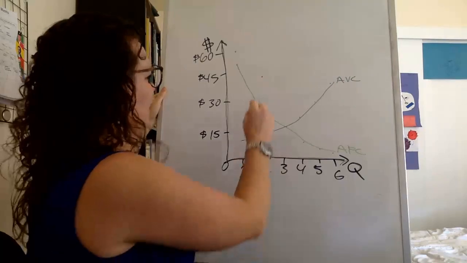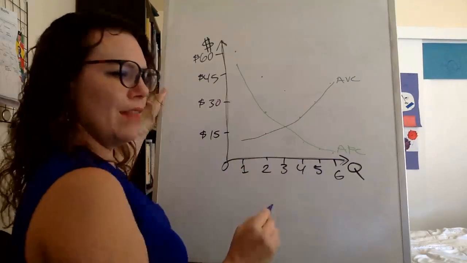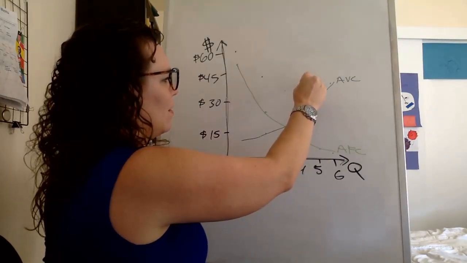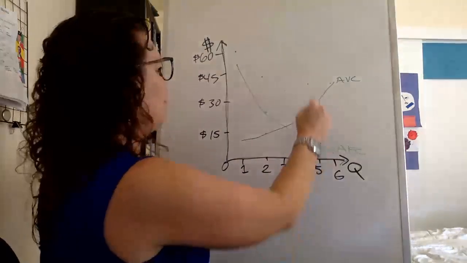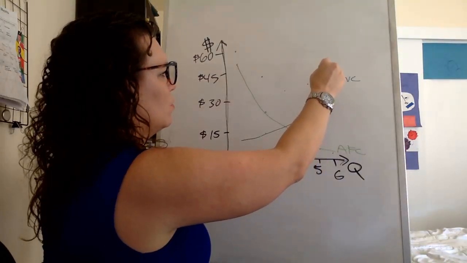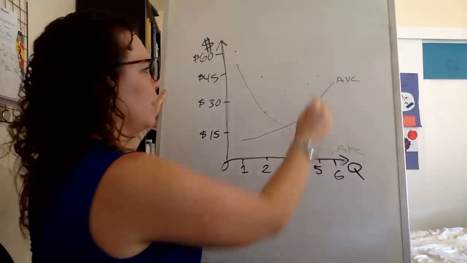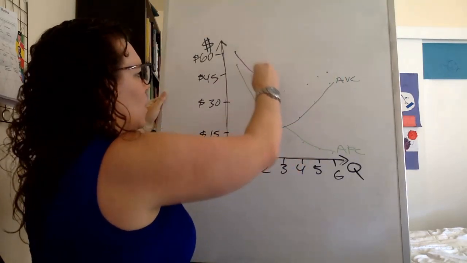And then $36.67 at a quantity of 3. And then $37.50 at a quantity of 4. And then $40 at a quantity of 5. And then $33 at a quantity of 6.